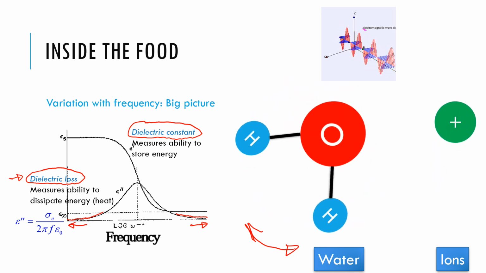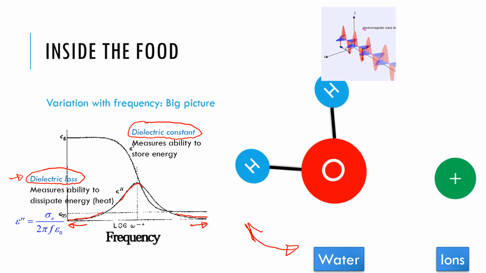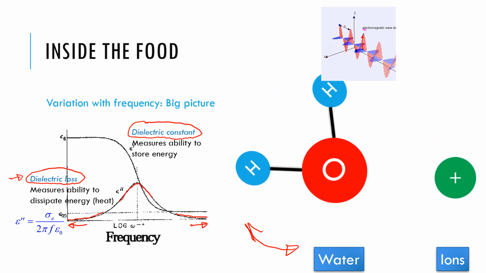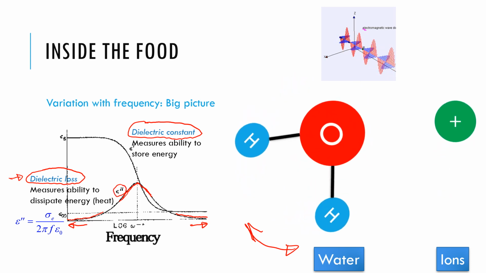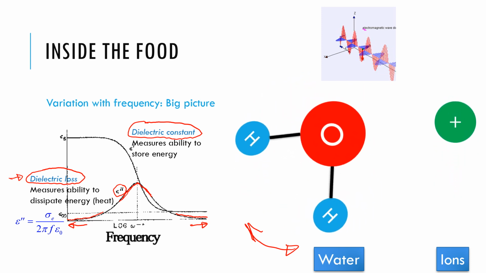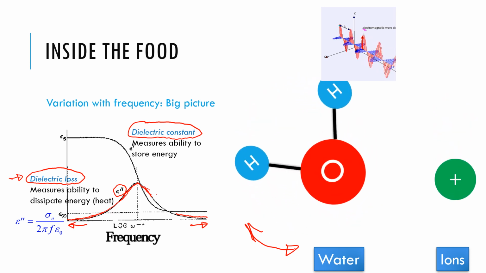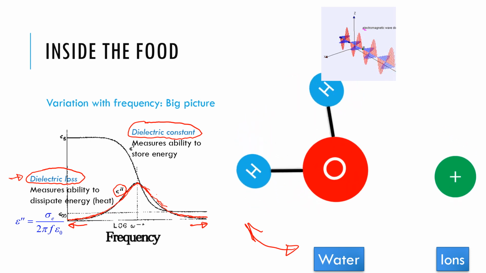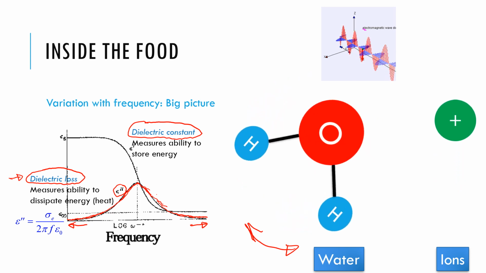In between, when it's able to follow the change of field and it's fast enough, it's going to have the maximum amount of heat generation. So the typical symbol used for dielectric loss is epsilon double prime. So epsilon double prime is going to vary with frequency this way. This is a very general kind of concept. We only need values at like one frequency.